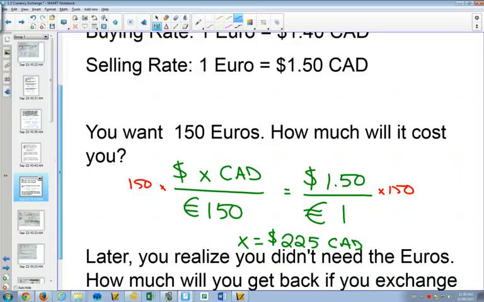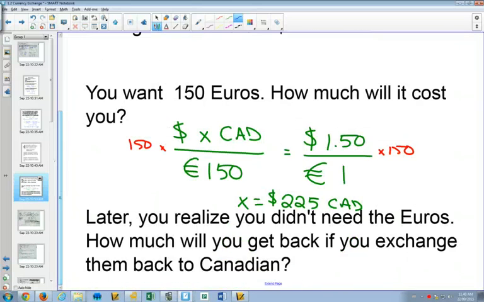Later, you realize that your parents changed the trip. You're no longer going to Europe, you're going to Steinbach instead. So you don't need your 225 Canadian changed to euros, but you have €150. So you go back to the bank and say, I want to change this back to Canadian. So you want to get rid of it.